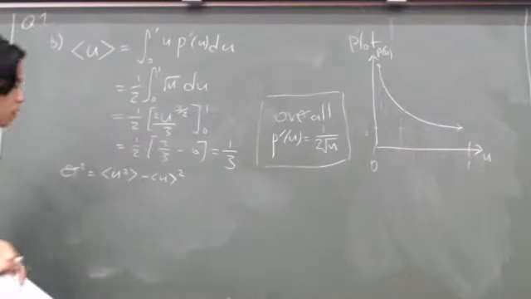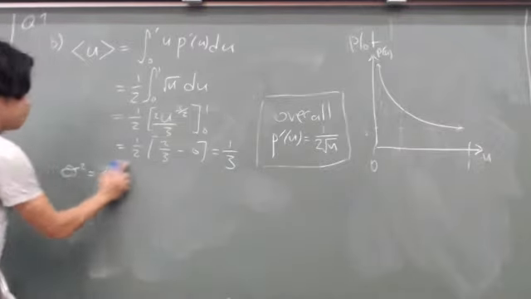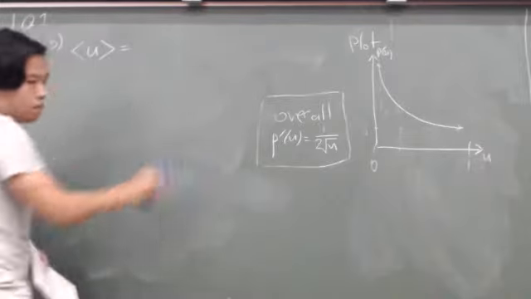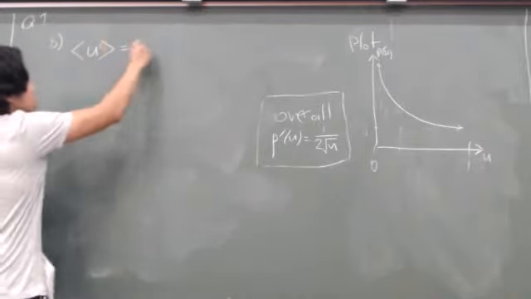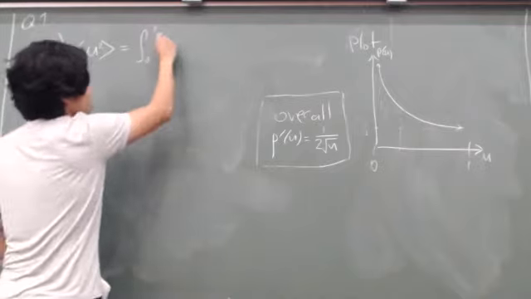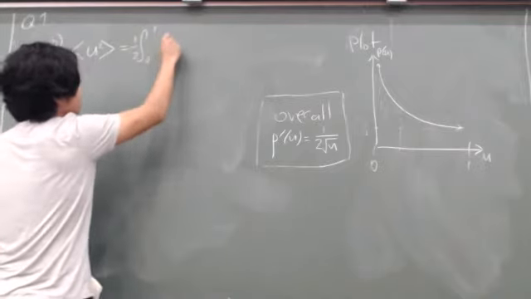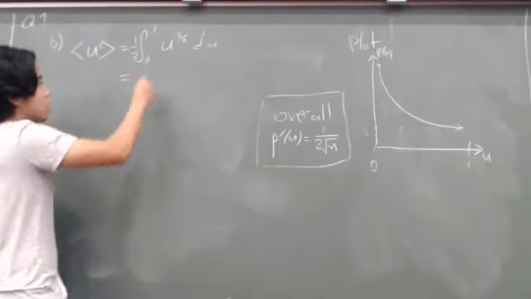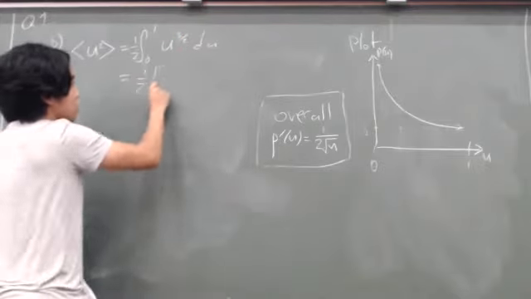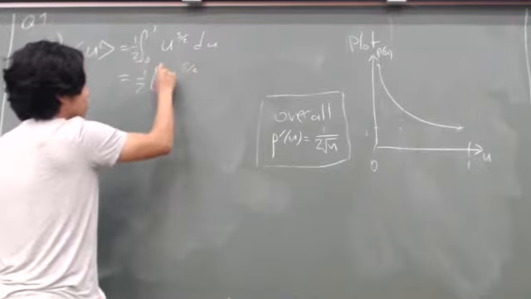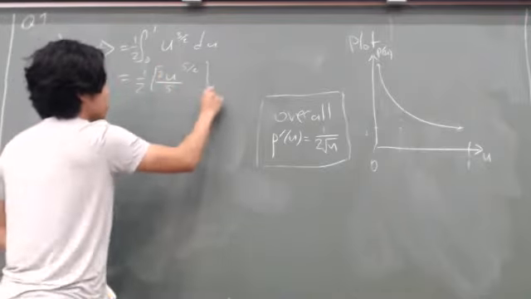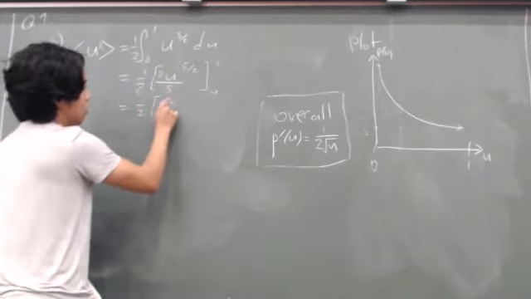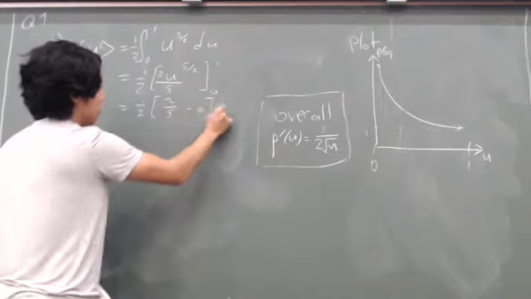To find the average of u squared, integral 0 to 1 of 1/2 u to the 3/2 du. That's equal to 1/2 u to the 5/2 times 2/5, 0 to 1. So that's 1/2 times 2/5 minus 0, equals 1/5.